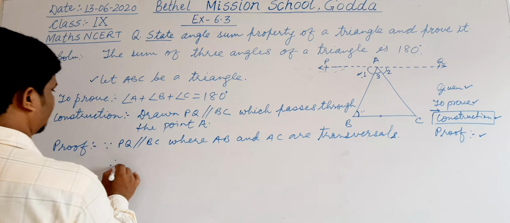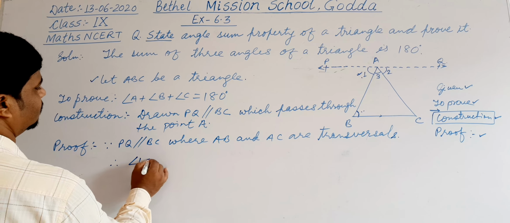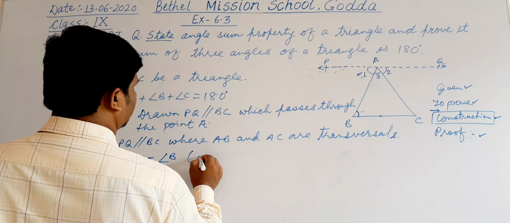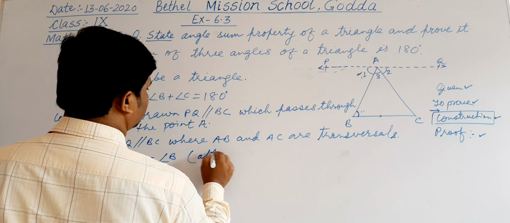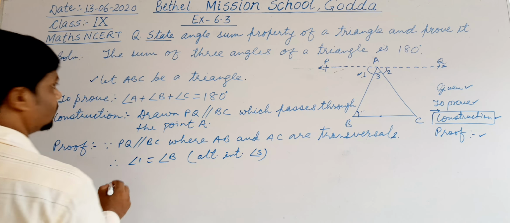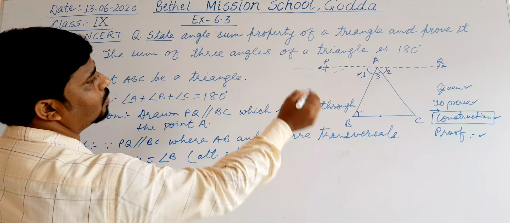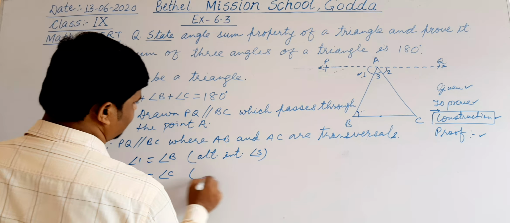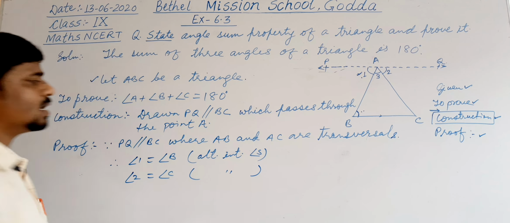then therefore what will be? Angle 1 equal to angle B. Why? Alternate interior angles. Angle 2 equal to angle C. This is also alternate interior angles.